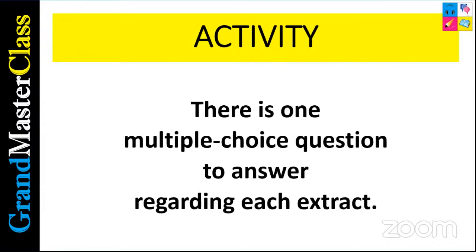Then the next activity: there is one multiple choice question to answer regarding each extract. One question will be there with multiple choice answers. Only one is the right answer and the other two are wrong. You have to select the most appropriate. Sometimes there may be two correct ones, that is why we say the most appropriate answer you have to tick.